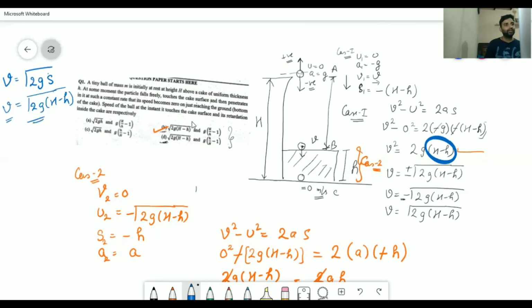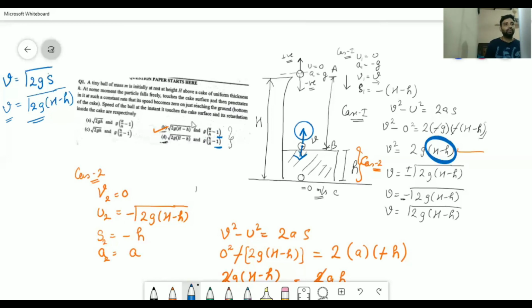For the second part, it is said to find the acceleration. Now these are the options from which we need to pick. When we see g(H upon h minus 1), this gives our acceleration as positive, and this one gives it as negative. Now as the ball is going in the downward direction, the acceleration must be in the upward direction, which is a positive sign, right?